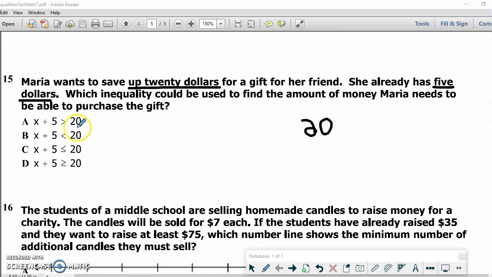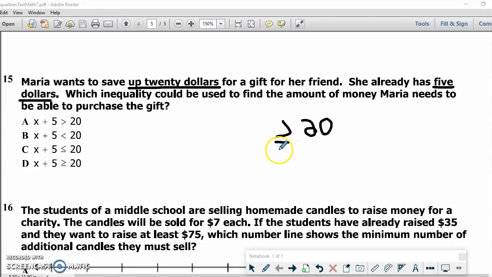And I'm doing that because I'm looking at my answer choices and my 20 is on the right hand side. Now up to, that means anything that she gets that's more than 20, she is totally okay. Or even if she gets 20, she is okay. So I'm going to go ahead and put the greater than sign in front of the 20.